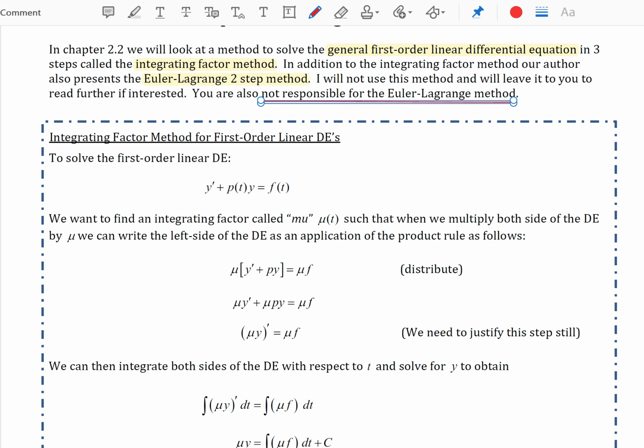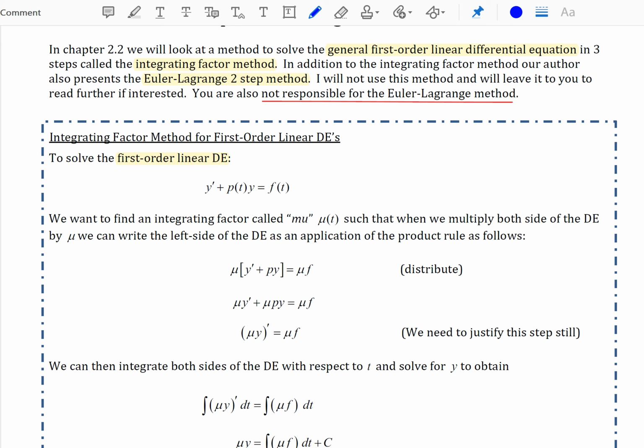Let's get started with the integrating factor method for first-order linear differential equations. To solve first-order linear differential equations of the form y prime plus p of t y equals f of t, where f of t could be 0 in some cases.